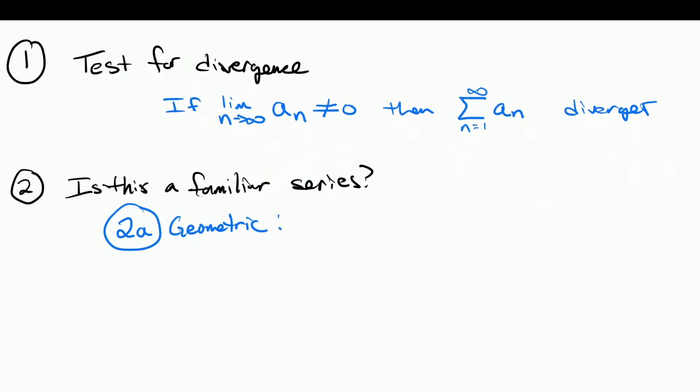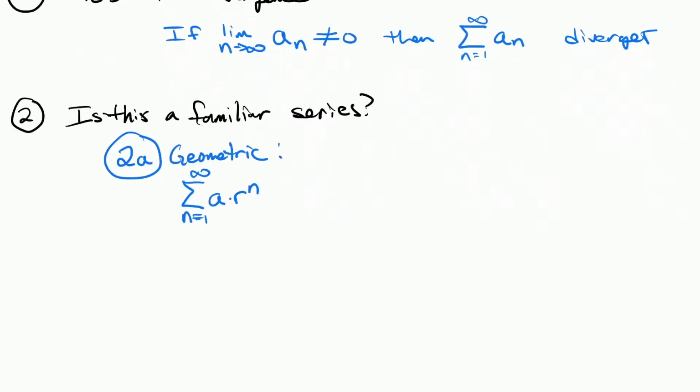What is a geometric series? It is something like this: the sum of a times r to the n, where n goes from 1 to infinity or 0 to infinity, it doesn't matter. And this will converge. Just remember, the rule is this thing converges when r is between 1 and -1, not including the 1 and the -1.